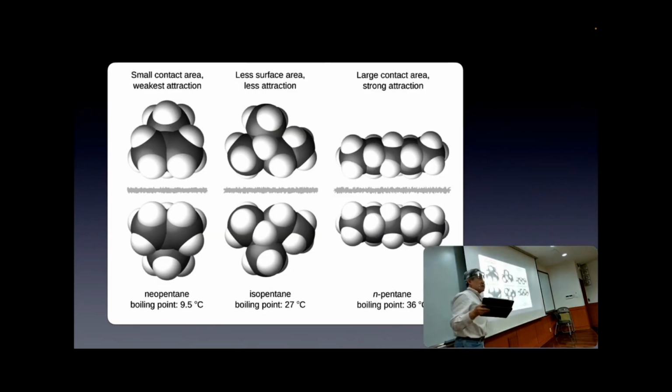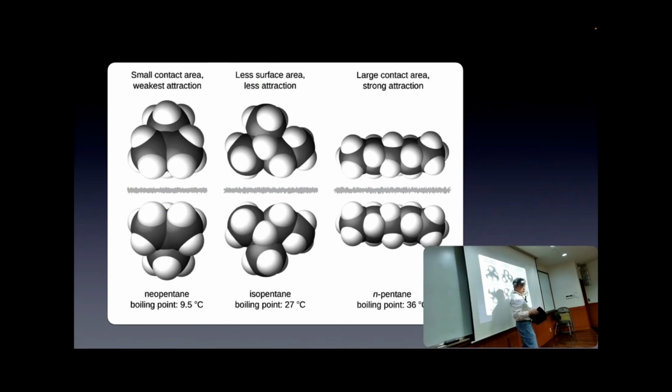So here is an example to showcase the importance of a complementary surface. Exactly the same number of carbons in an organic compound, but depending on how their surfaces are arranged, you can measure the strength of a van der Waals force by their different boiling points. The higher their boiling point, that means it's much more difficult to break them apart, meaning there's a stronger van der Waals force.